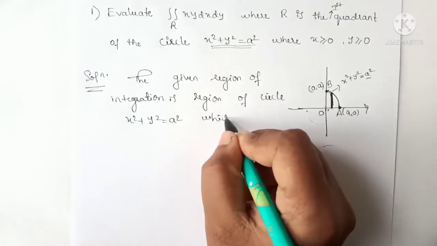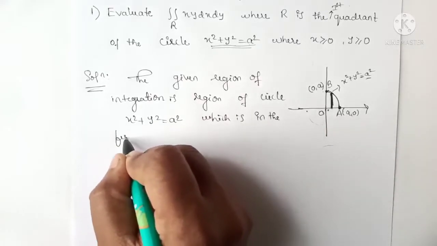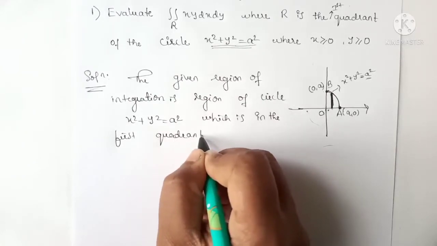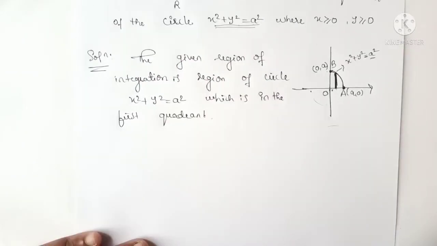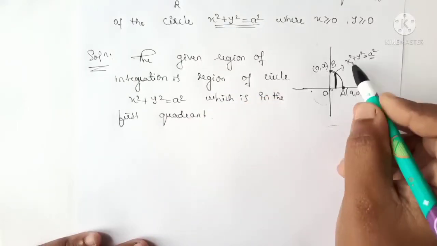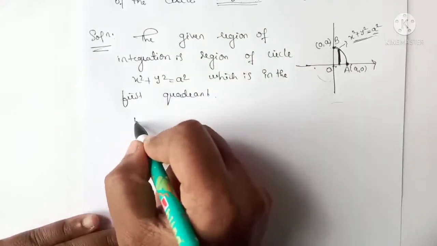Now in this, x varies from 0 to a and y varies according to this variable.